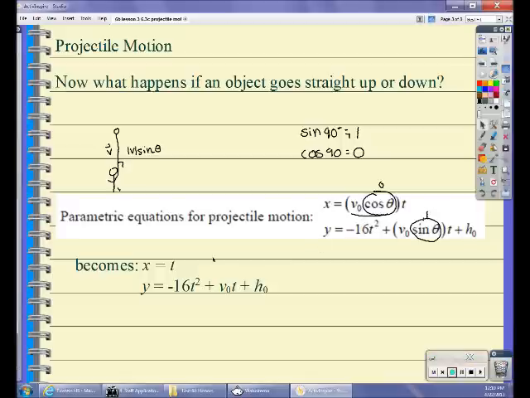Our parametric equations just become x equals, well, technically 0. x equals 0t, we'll frequently use this just to be able to visualize it.